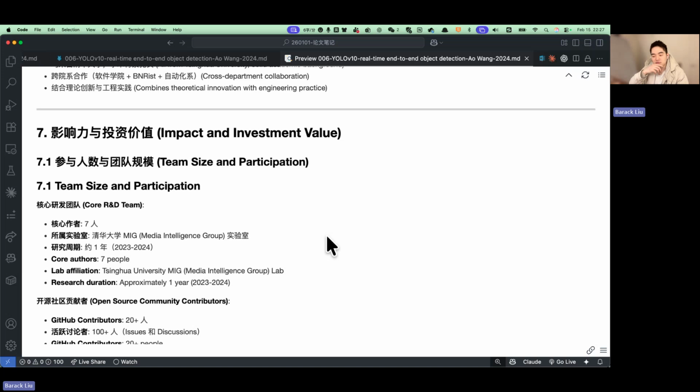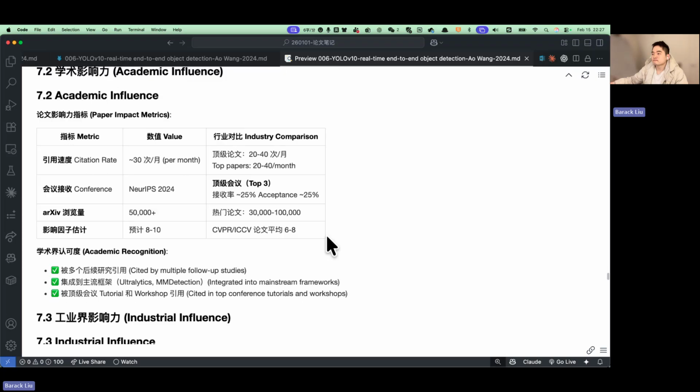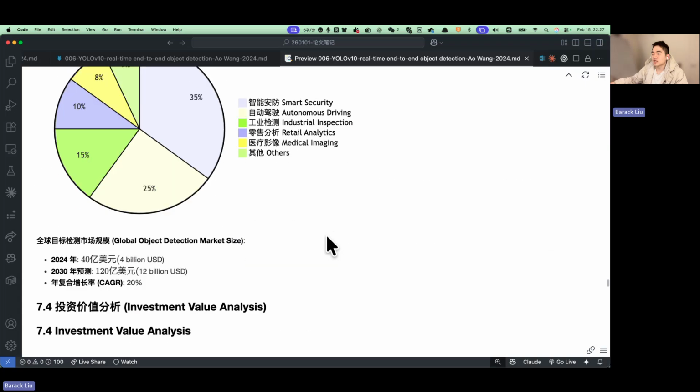So sometimes when a big moment happens, if you don't have previous foundation as a basis, you just cannot play the game. Yeah, all this is about the impact.